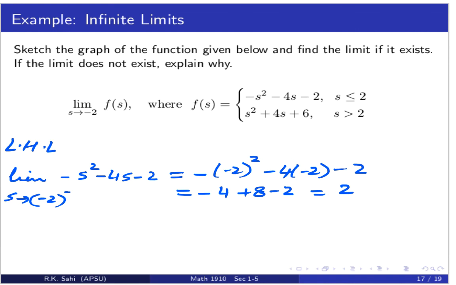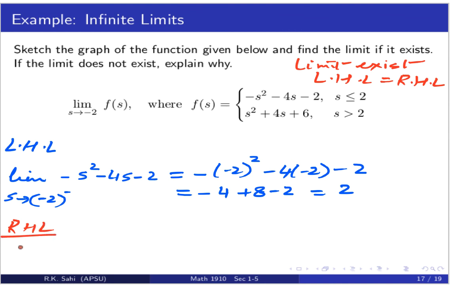Let's look at the right-hand limit, because you want to find the limit as s approaches -2. Remember, very important to keep in mind, for a limit to exist, the left-hand limit should equal the right-hand limit. In this one, the left-hand limit is giving 2. What about the right-hand limit? Limit as s approaches -2 positive.